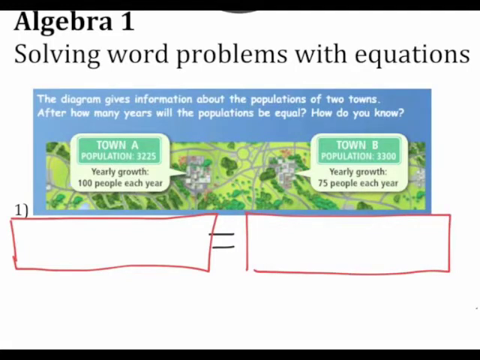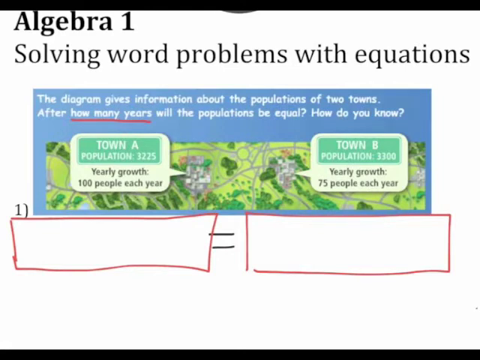So all equations that we're trying to solve also have to have an unknown. So somewhere in the equation there's going to be x's, right? Let's let x represent our unknown. What are we trying to find? After we have our equal sign written down, let's try to identify our unknown. Well, we want to know how many years it will take for the two populations to be equal.